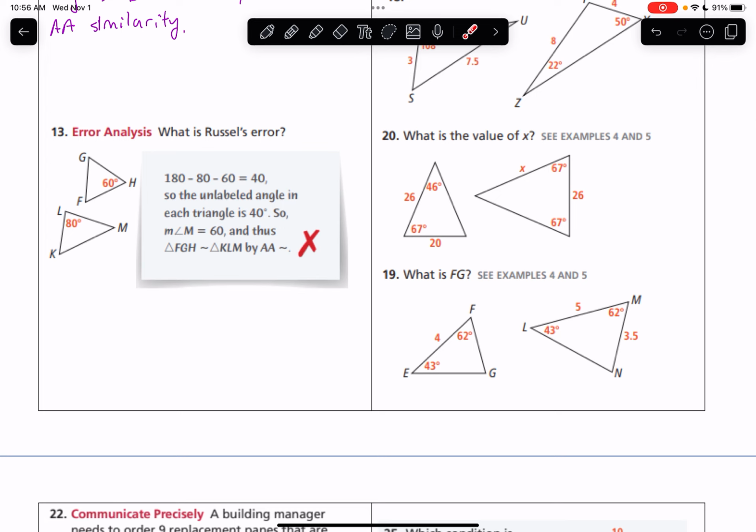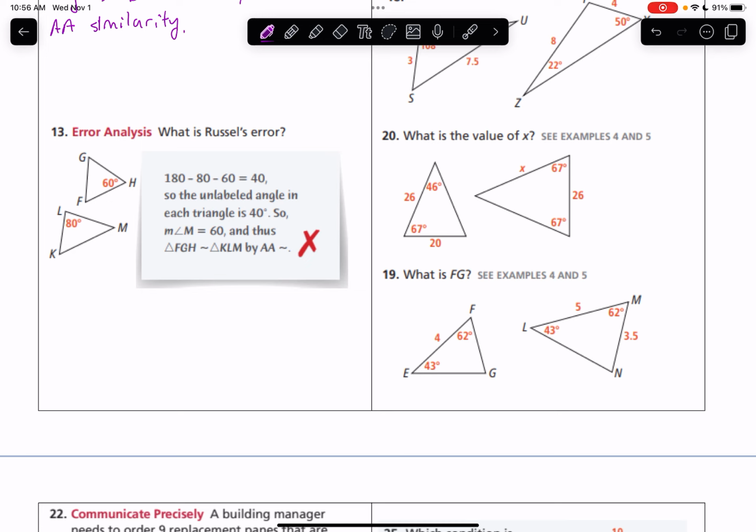However, he assumed too much information. He assumed that there was a K or an M angle of 60 degrees. He said, well, there must be a 60 here, there must be a 60 here. But we don't know that until we show that the triangles are similar. So we can't say that there's a 60 here, a 60 here, until we show that the triangles are similar, but that's what we're trying to do. So there's sort of a paradox going on.